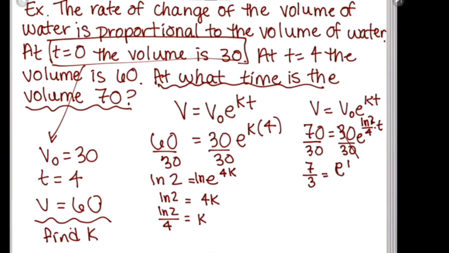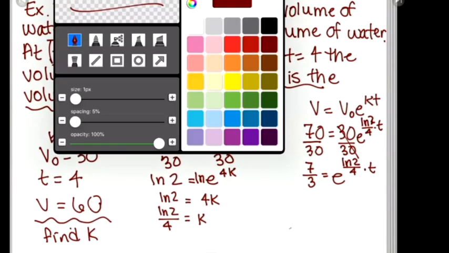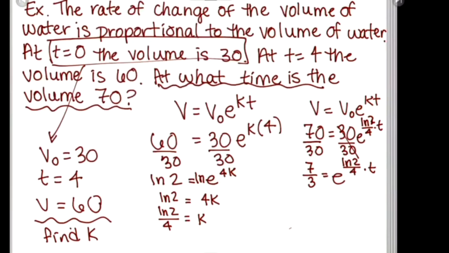e to the ln 2 over 4 and then t. Okay, so I got some help in the chat earlier. To get rid of that e, we're going to do ln on both sides. So let's stick in ln here. And by the way, before we do that, this ln and this e do not cancel.